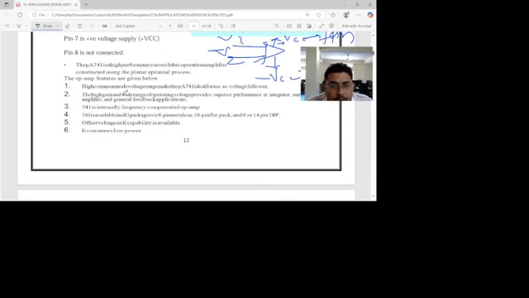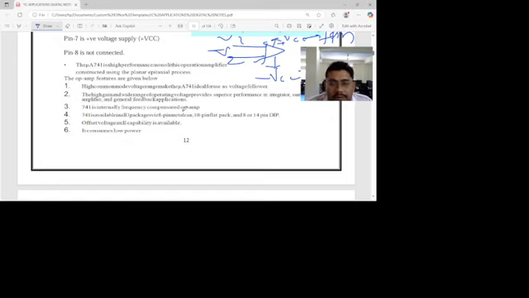Some features we can mention: a high common mode voltage range. The second feature of the 741 IC is internal frequency compensation, which means the gain stays constant over the mid frequency range.